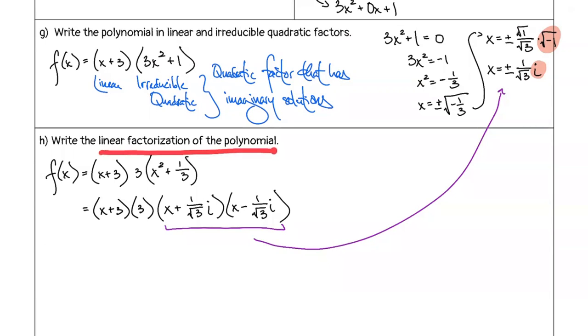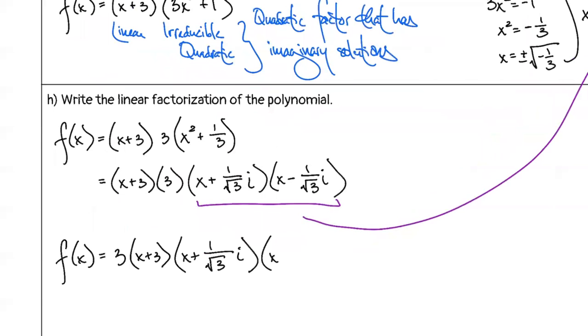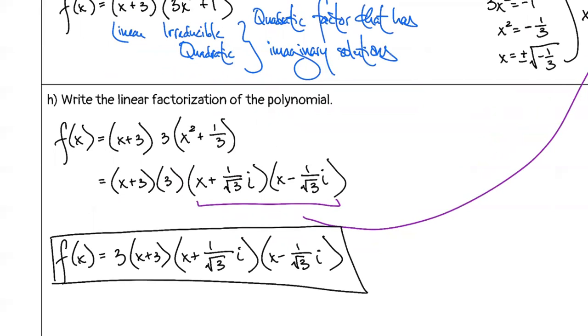This question says, find the linear factorization. Linear, linear, linear, constant. That's okay. That means that our linear factorization, we usually bring the constants to the front. So we'll have 3 times x plus 3 times x plus 1 over root 3 i times x minus 1 over root 3 i. And this would be our linear factorization.